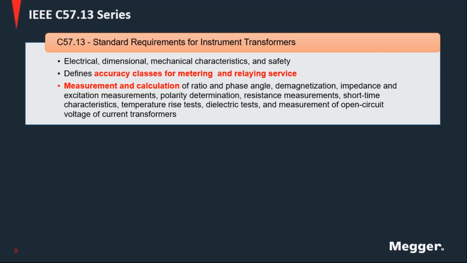Some of these tests are mainly for factory purposes, for type testing or routine testing, but there are also tests that apply for field testing, and those are basically ratio and phase angle, demagnetization, impedance and excitation measurements, polarity of the terminals, and resistance measurements. Those are the ones that we are going to be talking about in this presentation.